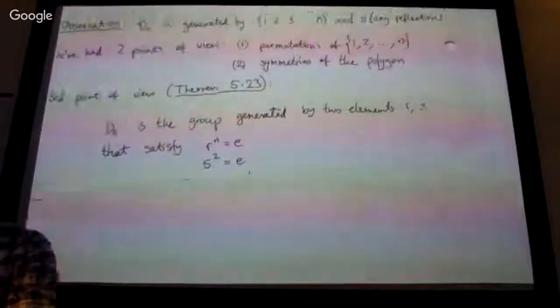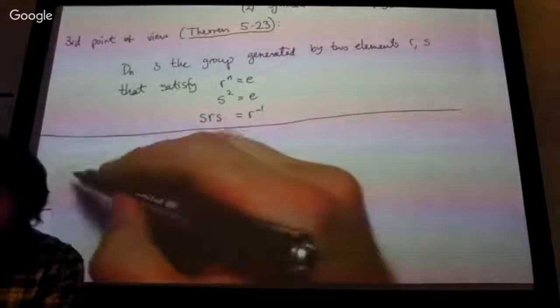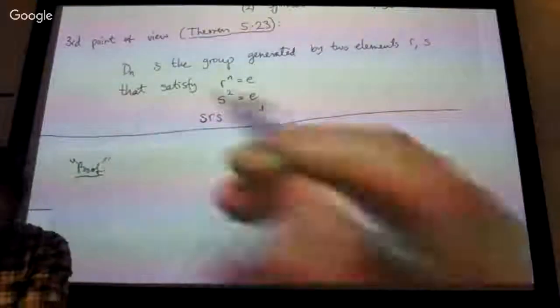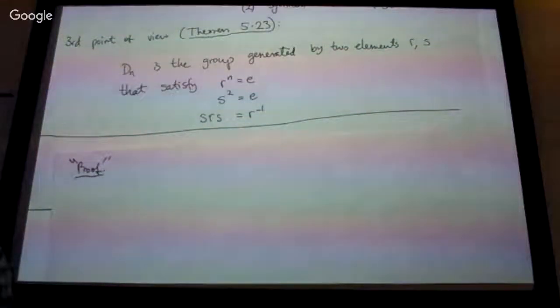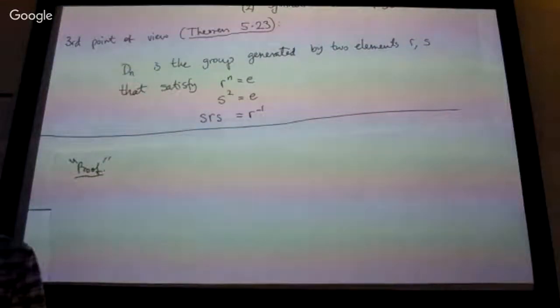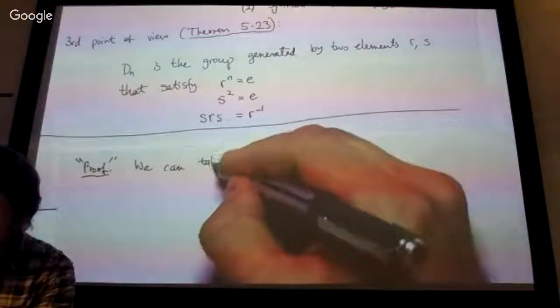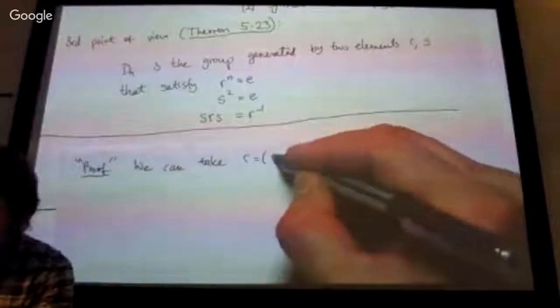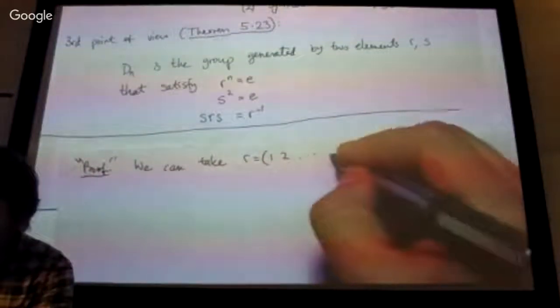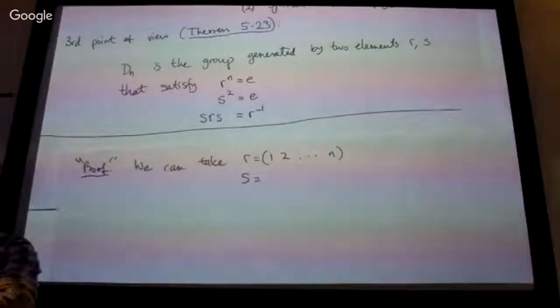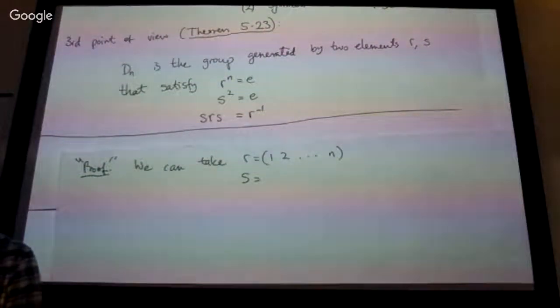Okay, so the proof should be, exactly what I said. R will be the 1 to n rotation, and S is the reflection that fixes 1.